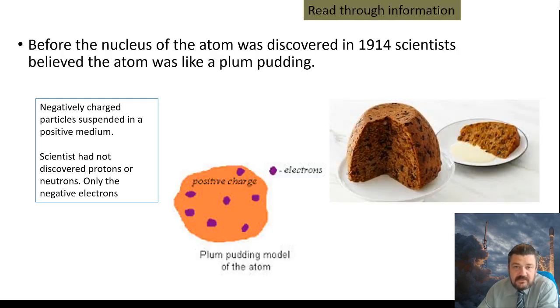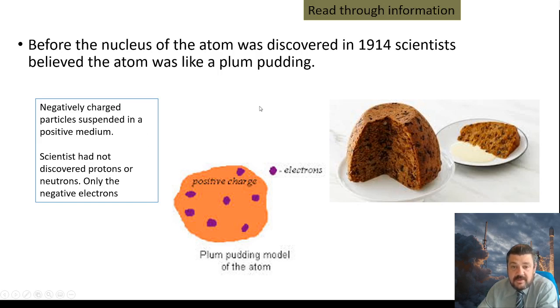So, before we start and go into the complexities of radioactivity, we need to have a look at the model of the nucleus. Before the nucleus of the atom was discovered in 1914, scientists believed the atom was like a plum pudding. Scientists believed that negatively charged particles were suspended in a positively charged medium, and they had not discovered that protons and neutrons existed.